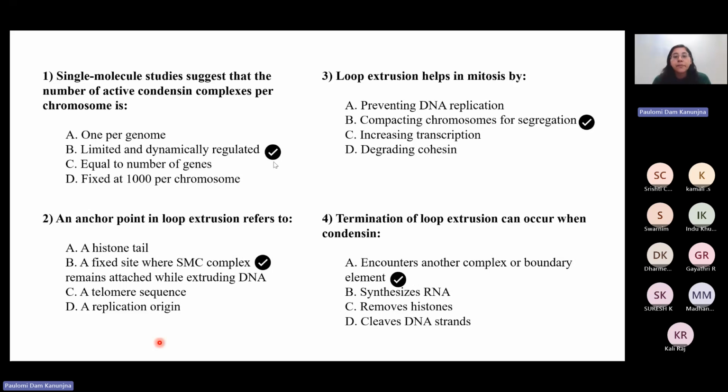Loop extrusion helps in mitosis by compacting chromosomes for segregation, which we've already understood. And the last one: termination of loop extrusion can occur when condensin encounters another complex. This is what I mentioned, either another SMC or CTCF, or any motif for that matter.